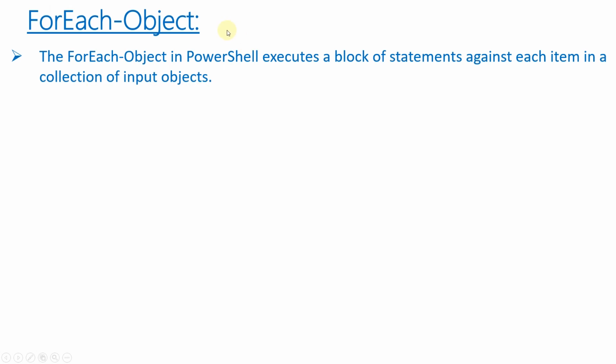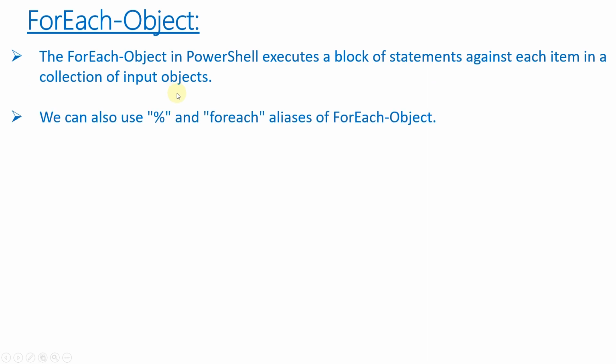This commandlet will execute some block of statements against each element of the collection of input objects. Like Where-Object, ForEach-Object also has two aliases. Either we can use the percentage symbol or we can use the foreach keyword. Both aliases can be used instead of the ForEach-Object statement.